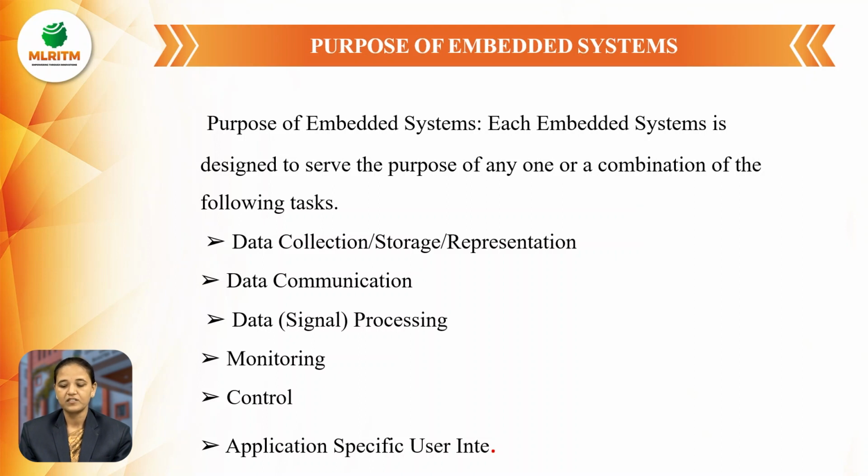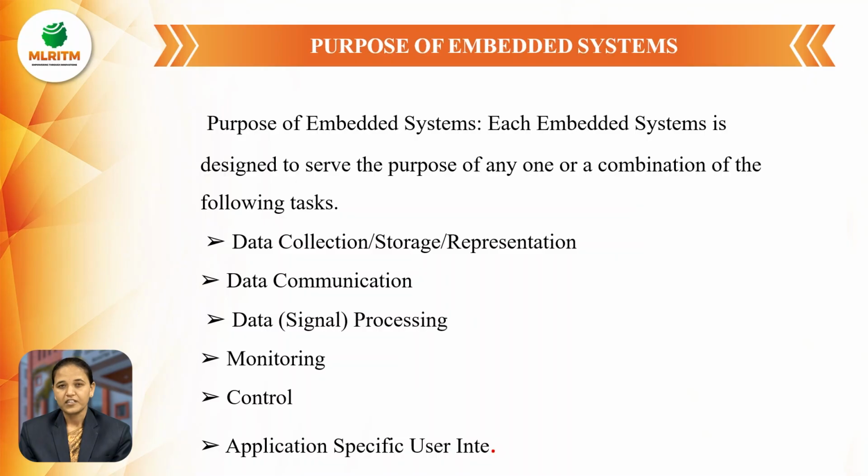Here we discuss six types of purpose. The first one is data collection, data representation, and data storage. How we can collect data in an embedded system, represent the data, and store the data is one purpose.